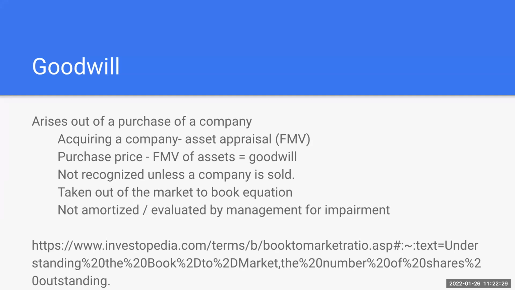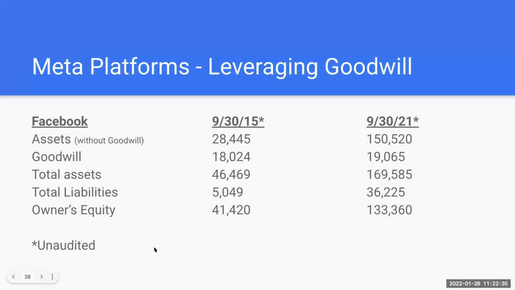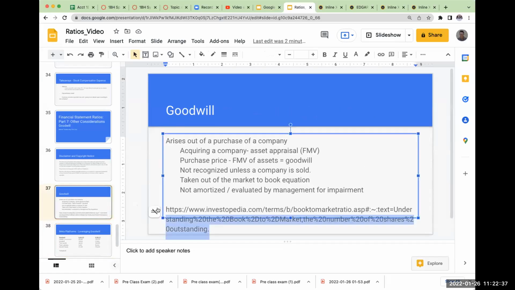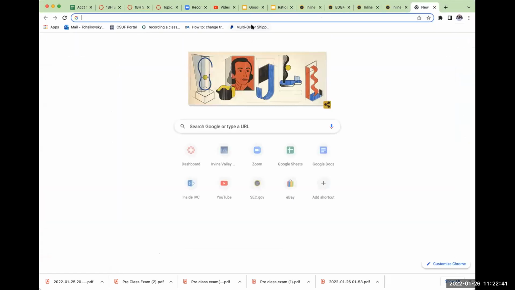The other part of it is when you're looking at goodwill, and again, this is from Investopedia. I'm going to give Investopedia a proper shout out because they do such a great job explaining things.